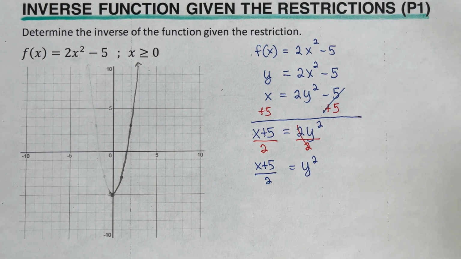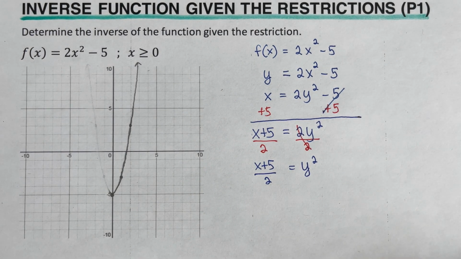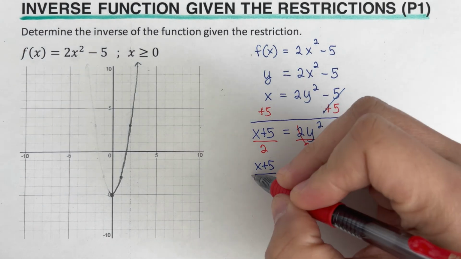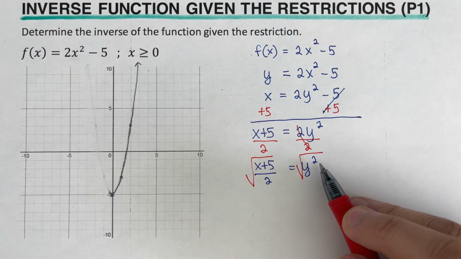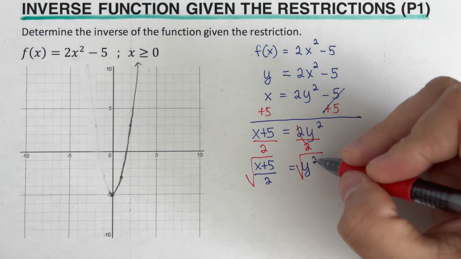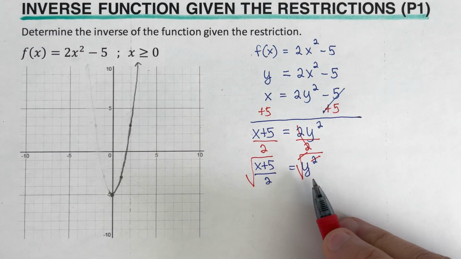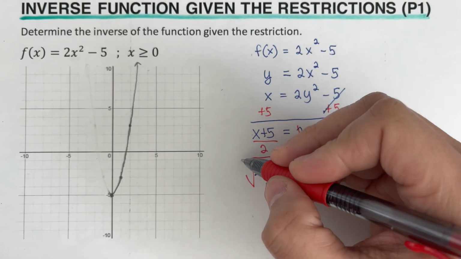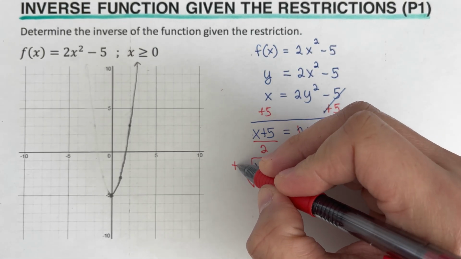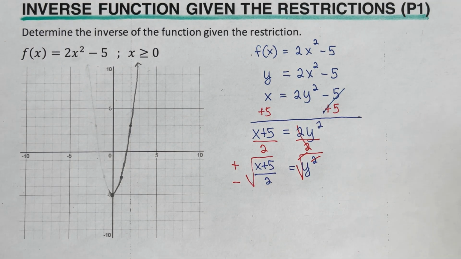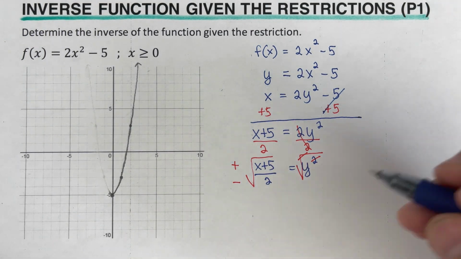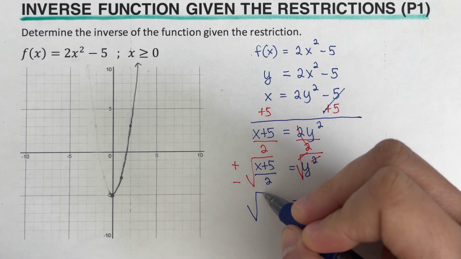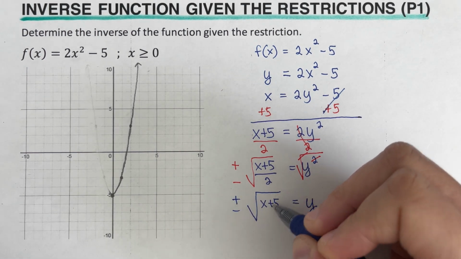Now, we want y by itself, but that's a y squared, so we square root both sides, because the opposite of squared is square root, so we can cross this out. Now, we remember that if we square root both sides here, this will have two values, a positive and a negative. So the equation that we have here would be plus or minus.